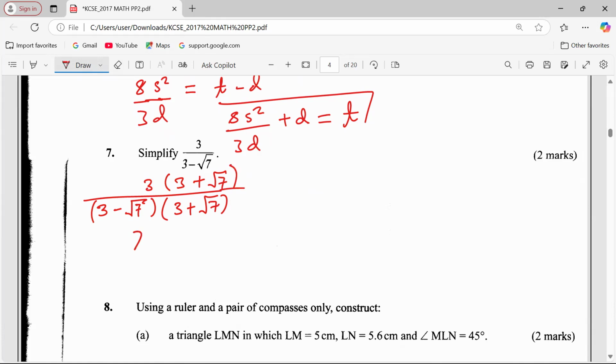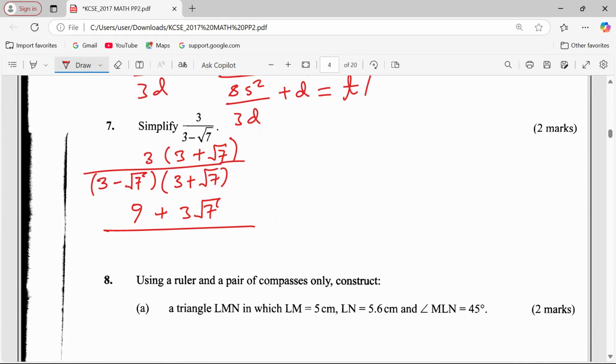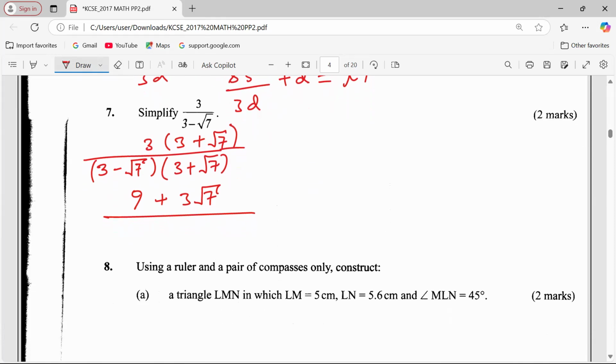At this point, this becomes 9 plus 3 root 7, divided by, look at the denominator now. It is a difference of two squares. Being a difference of two squares, it will be very easy to simplify, because we need 3 squared minus root 7 also squared. So it will be 9 minus 7.